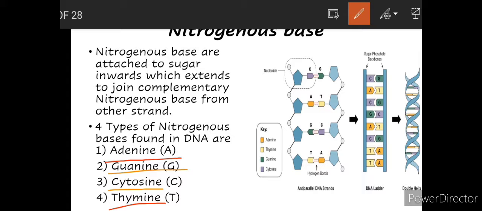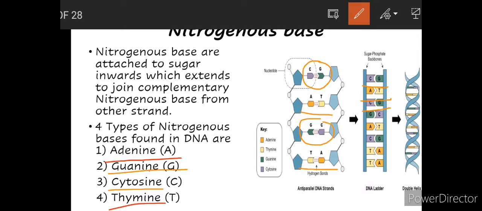You can see here C always pairs with G and G with C, and A with T and T with A. Cytosine will only pair with guanine, not adenine or thymine.